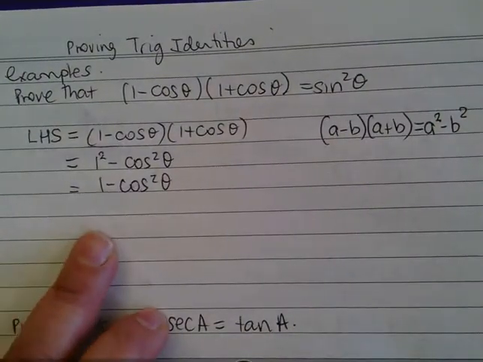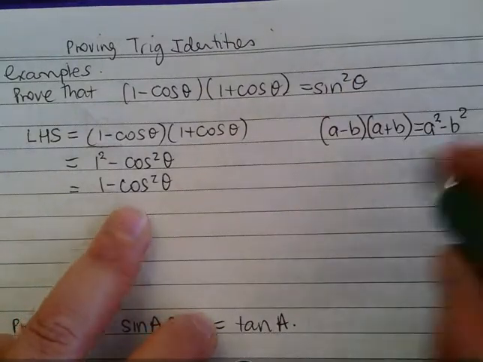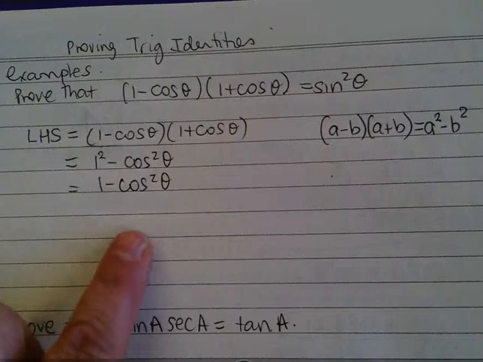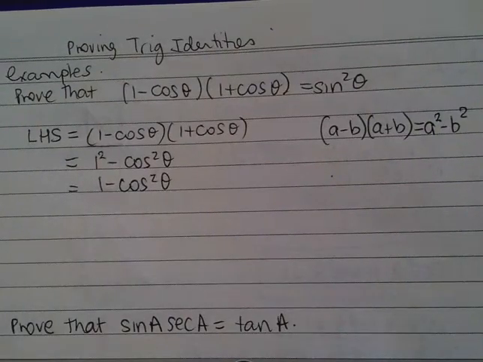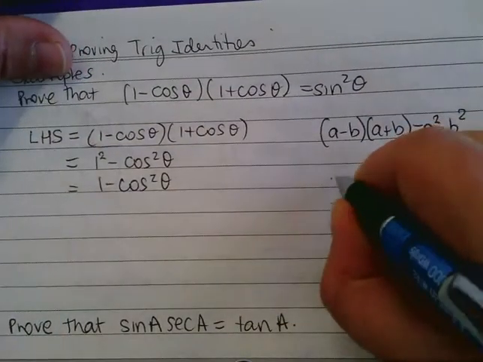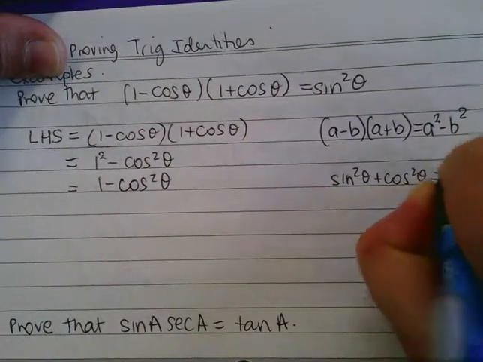Right? Now, what you have to show is that that equals sine squared theta. What I'm going to write on the side is my identity. Which identity do you think I'll write? You're trying to show that that equals sine squared theta. What did we just learn? That sine squared theta plus cos squared theta is 1.